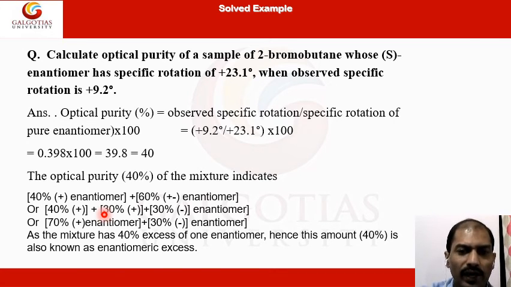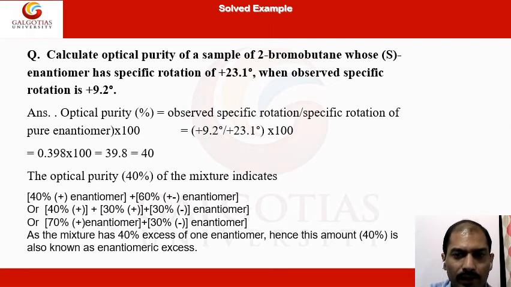By this way you can see there is a 40% excess of one enantiomer overall. If you have any sample and you calculate all this, that sample has 40% of a particular enantiomer higher than the rest of the mixture. Because 30 and 30 will cancel out, one having clockwise direction and the other anticlockwise, only the 40% which is in excess in that solution will be seen.